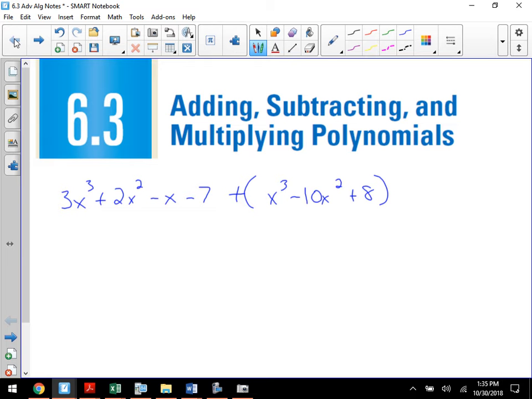Alright, so 6-3. Adding, subtracting, multiplying polynomials. There's a couple of quick things I want to make sure you see before you get too far and write anything down.